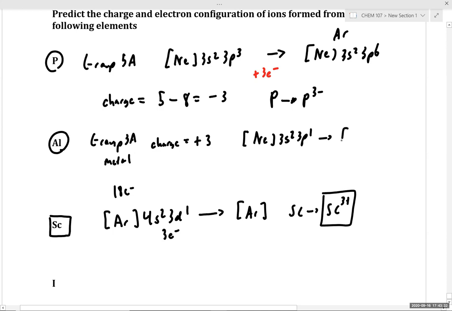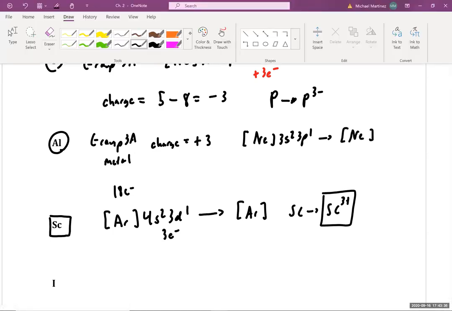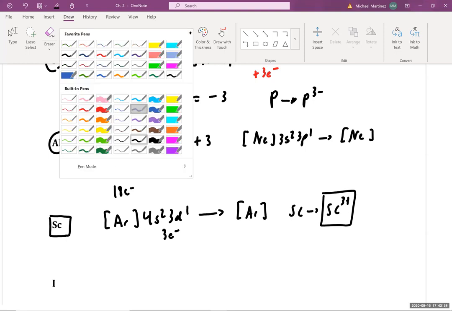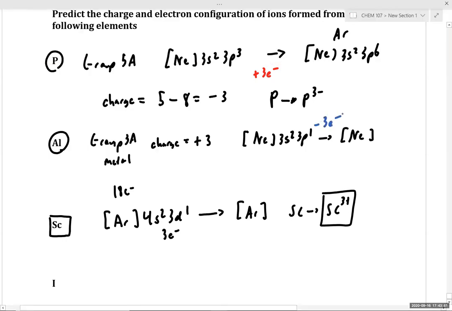So in order to reach the configuration of the closest noble gas, we would need to lose a total of 3 electrons. Does this make sense to everyone? Any questions on this idea?